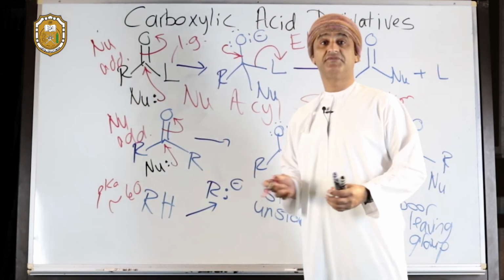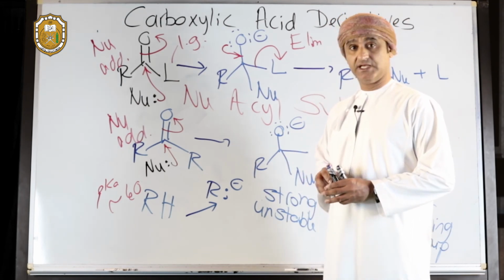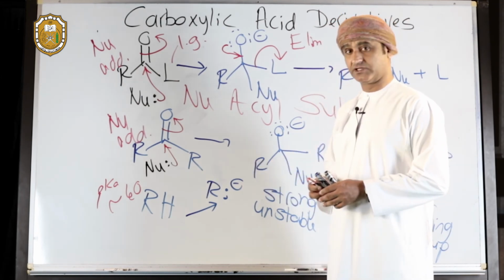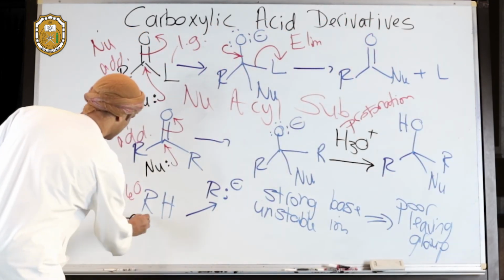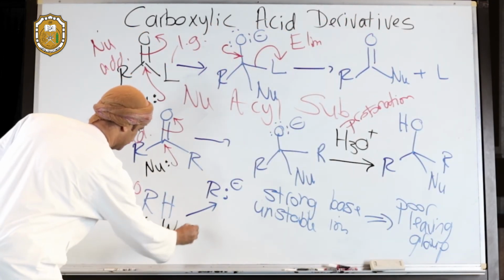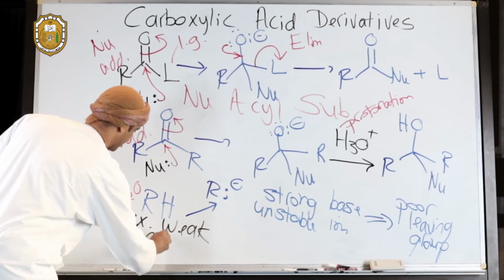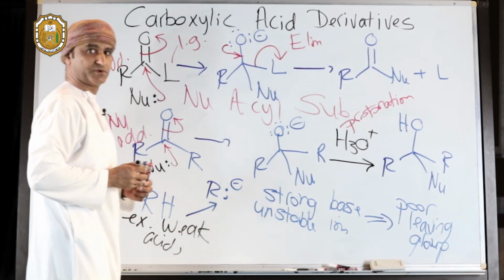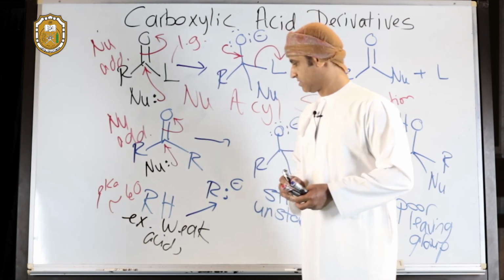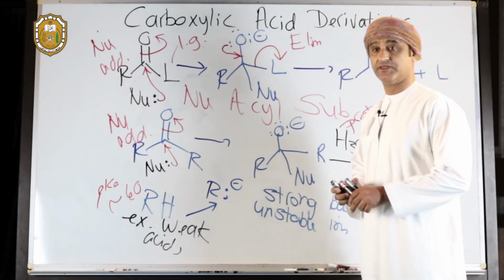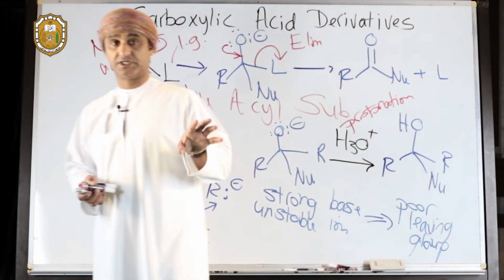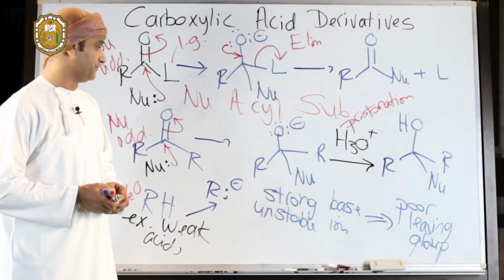You can say from 50 to 60, but that's enough to say that alkanes are extremely weak acids. And of course, extremely weak acids produce extremely strong bases, and of course unstable ions, and therefore extremely poor leaving groups.